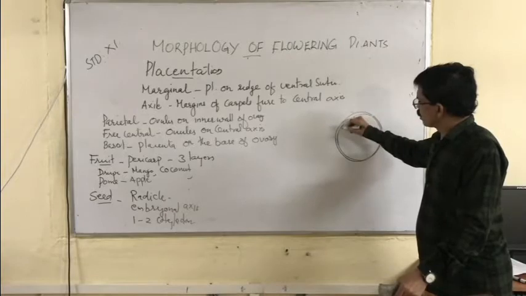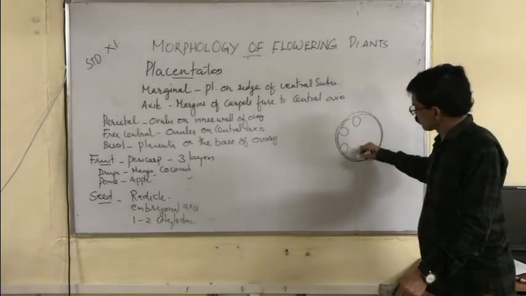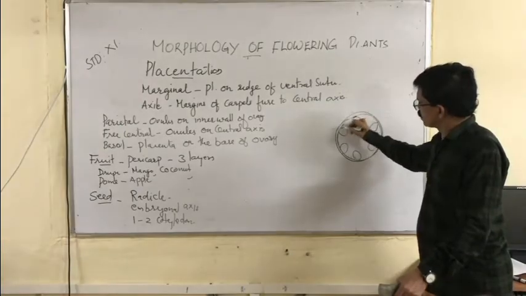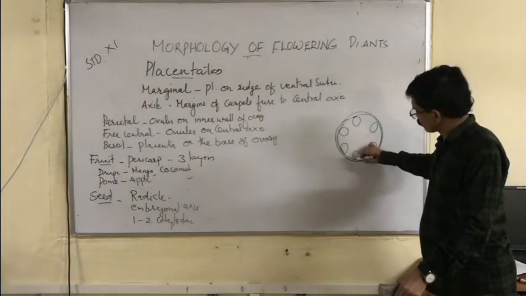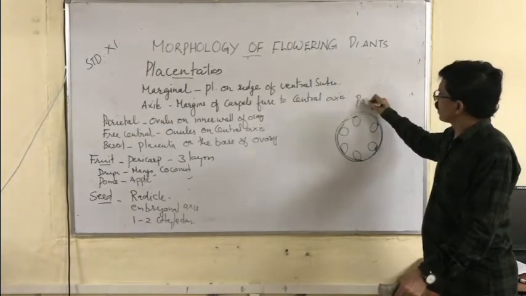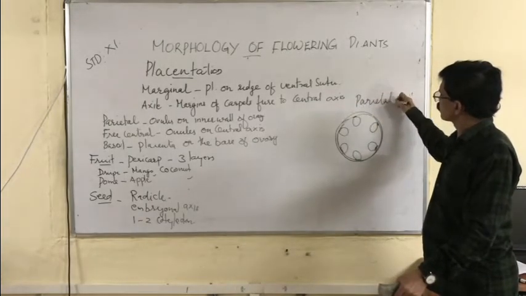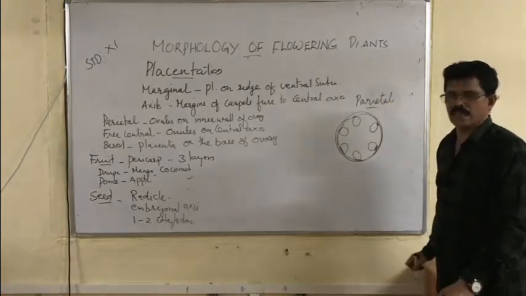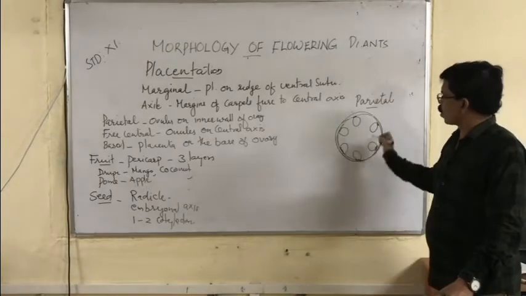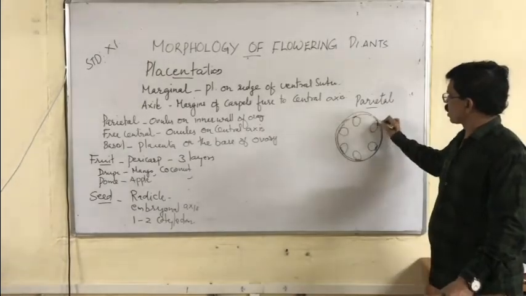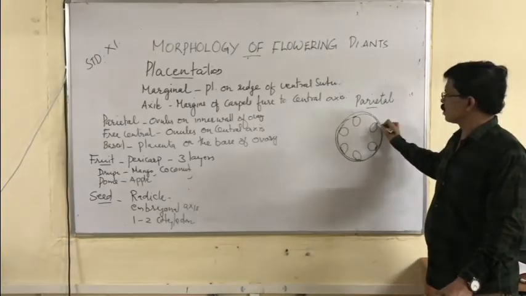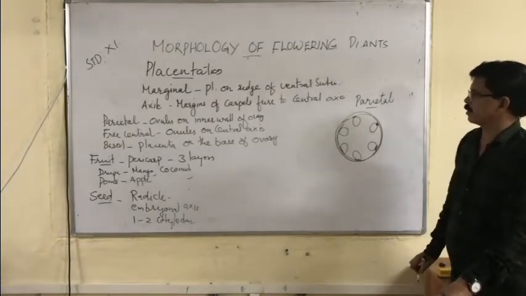This is called parietal placentation because the placenta is on the inner wall of the ovary, so the placenta is seen on the inner wall and the ovules are attached there.